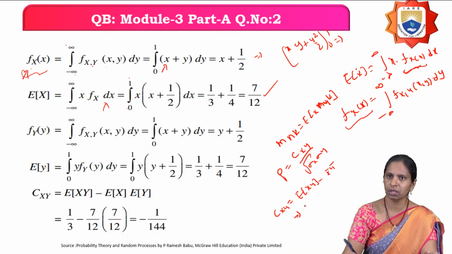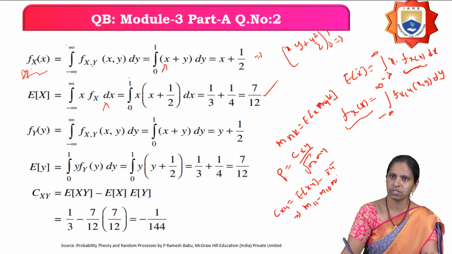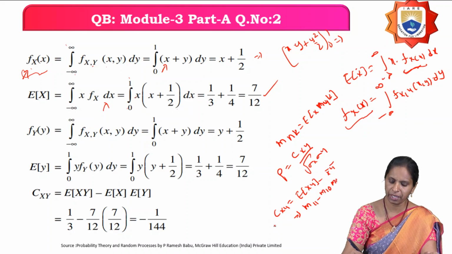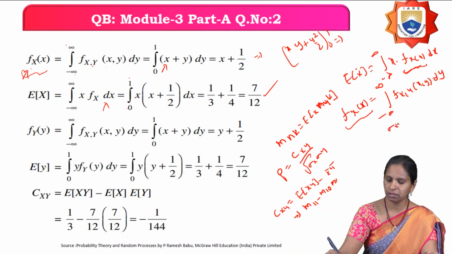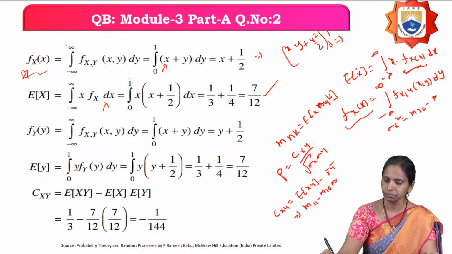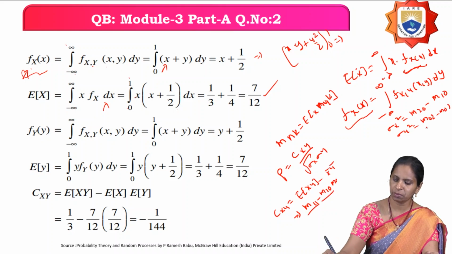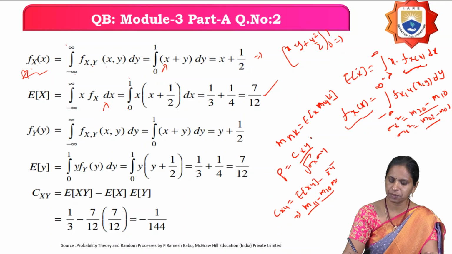So in terms of the joint moments, we can write m11 minus m10 m01. And sigma x square is m20 minus m10 square, and sigma y square is m02 minus m01 square. So you can calculate the joint moments about the origin and substitute here.